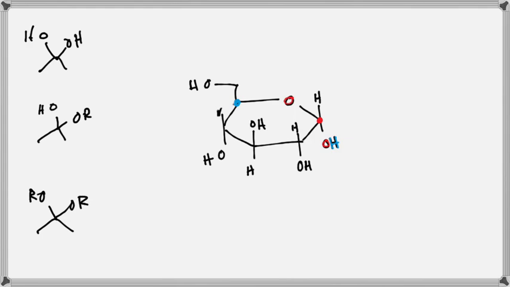So that cyclic structure is one of the things that favors the formation of the acetal. If we're going to go back to our protecting groups, we don't want to just add two alcohols. We want to make sure that when we make that acetal as a protecting group, we want them connected.